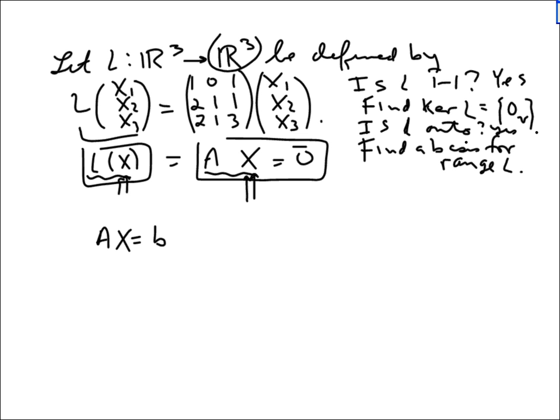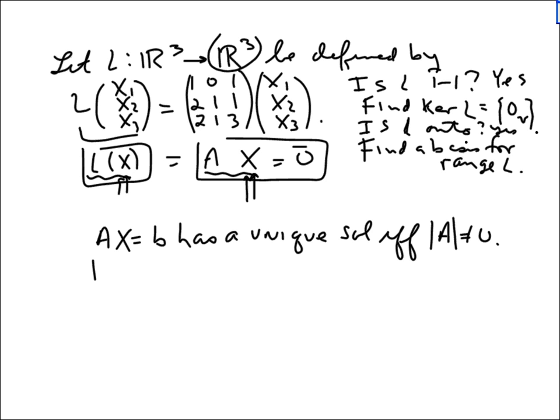AX equals B has a unique solution if and only if the determinant of A is not 0. But we concluded that the determinant of A is not 0.